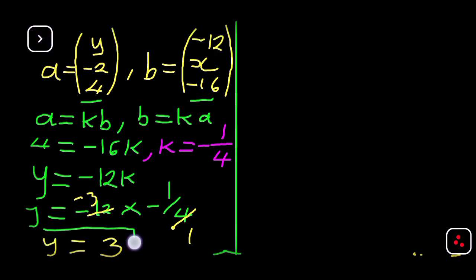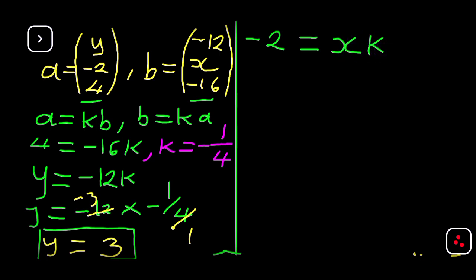Now that we have the value of y, we can find the value of x. So we are going to form another equation. Negative 2 should be equal to xk.